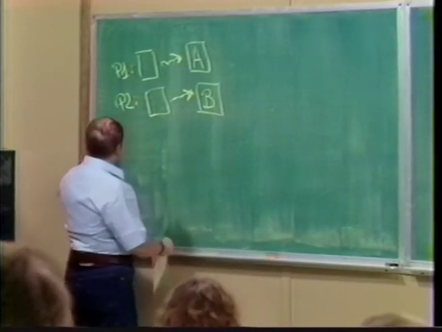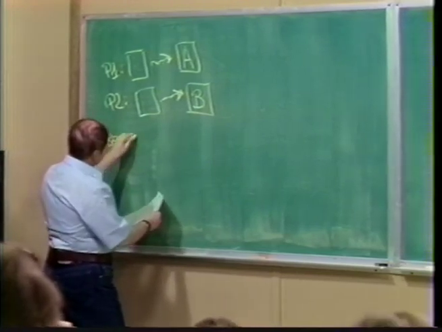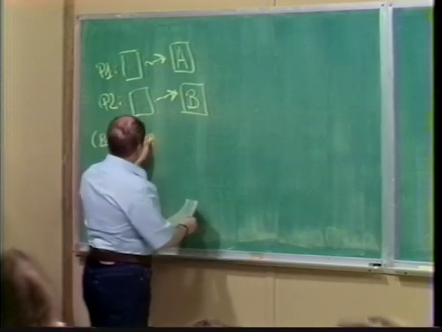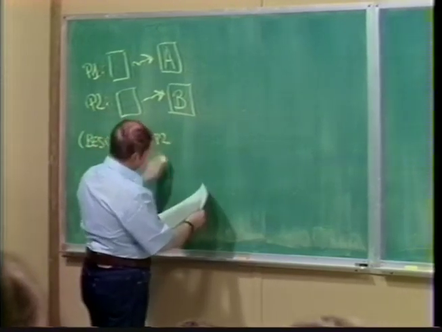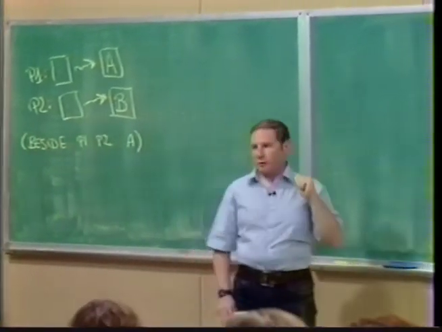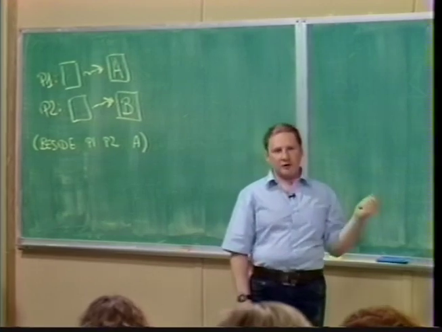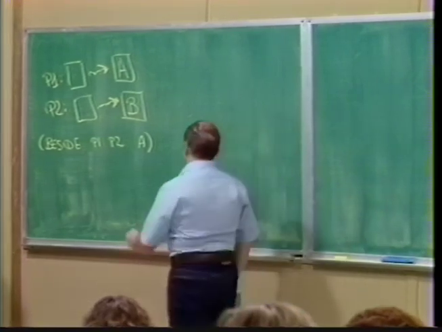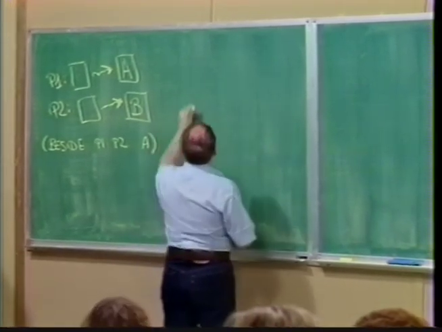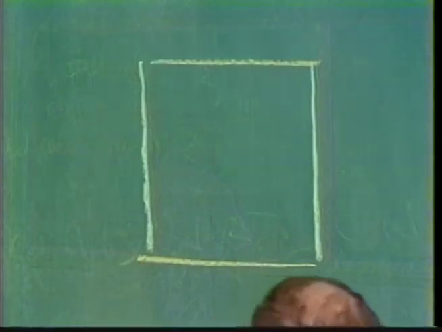And now, if I'd like to implement beside of P1 and P2 with the scale factor A, well, what does that have to be? That's got to be a picture. It's got to be a thing that you hand it a rectangle and it draws something in that rectangle. So if you hand beside a rectangle, well, what's it going to do?